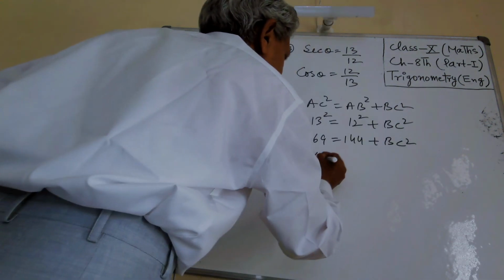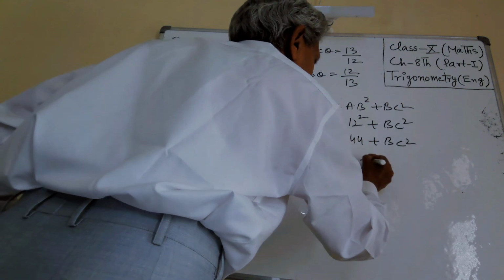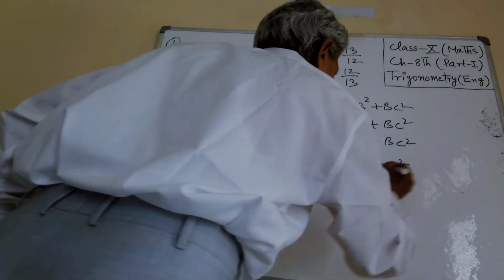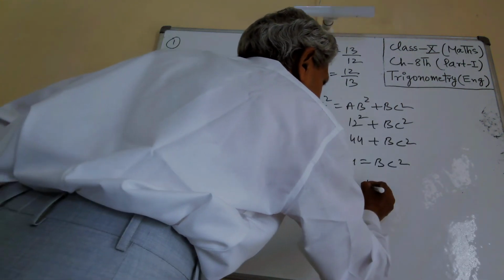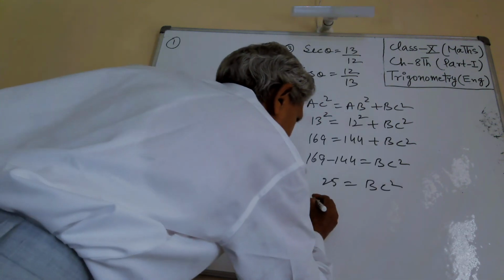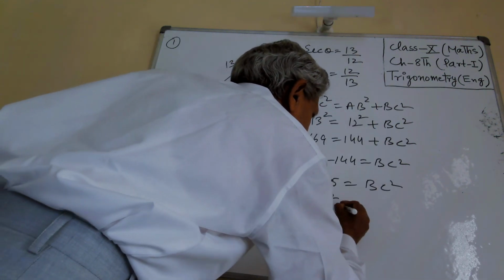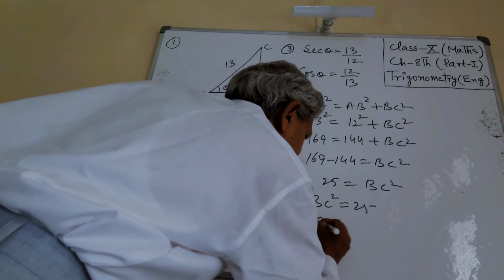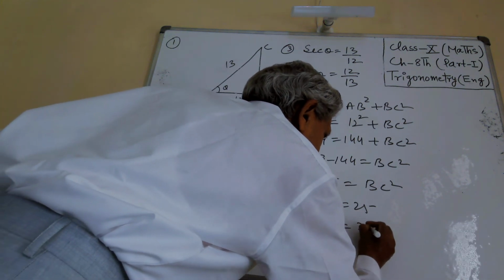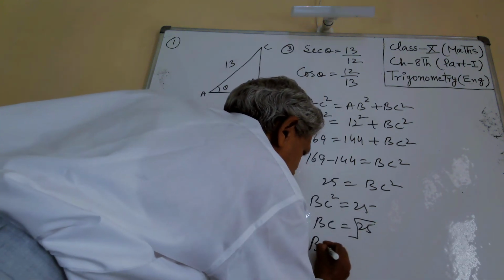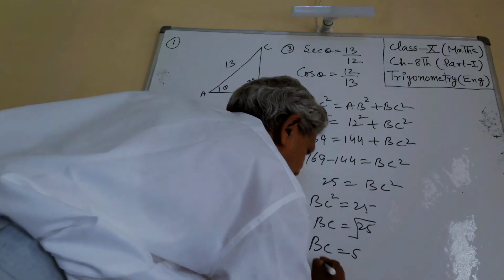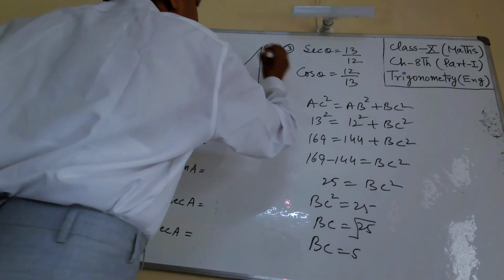Now 169 minus 144 is equal to BC square. This is 25, so BC square is equal to 25. BC is equal to root 25, BC is equal to 5. Here write BC is 5.